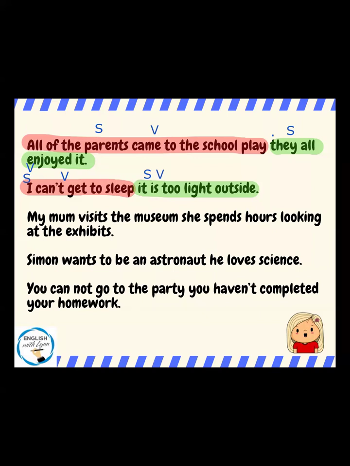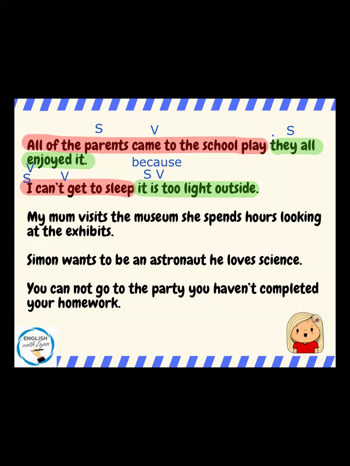And remember, the conjunction "because" is used for giving reasons. So: "I can't get to sleep because it is too light outside." You could also use "since": "I can't get to sleep since it is too light outside." They are the conjunctions that help you to give reasons, and I think that would work better than a semicolon in that case.